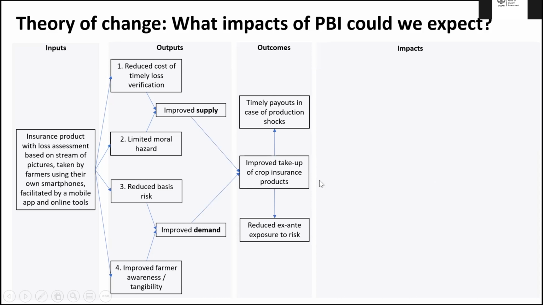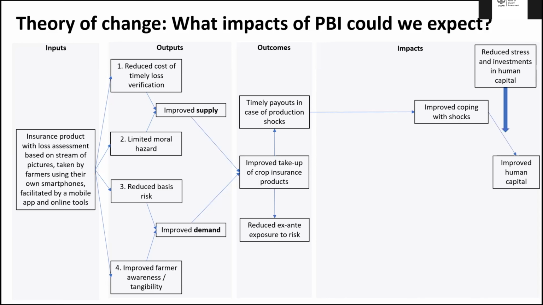Improving take-up of crop insurance, and that resulting in impacts both ex post, in terms of farmers receiving timely payouts when they have production shocks, but even ex ante, in the absence of any shocks, that there is a sense of reduced exposure to risks. And those two channels, ex post and ex ante, can have their own separate effects.